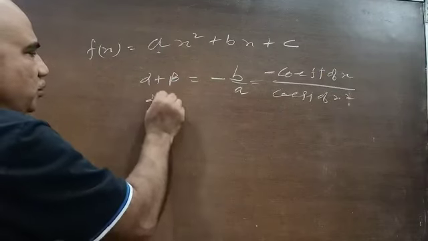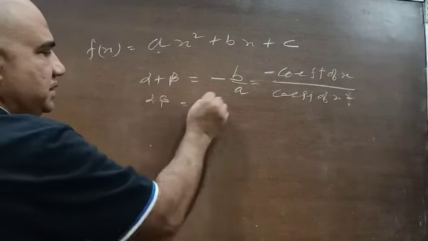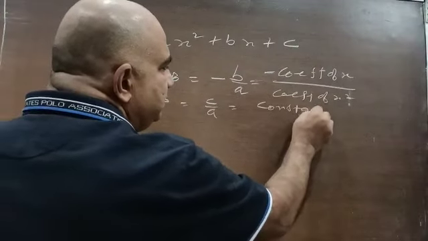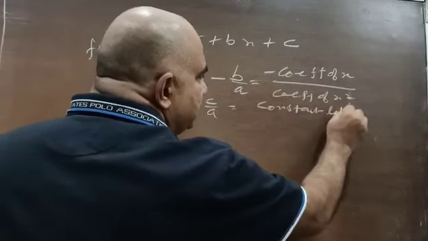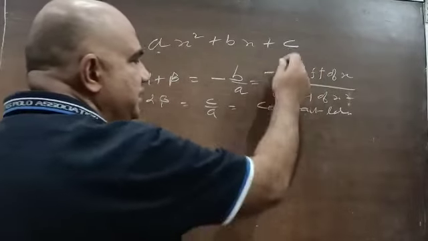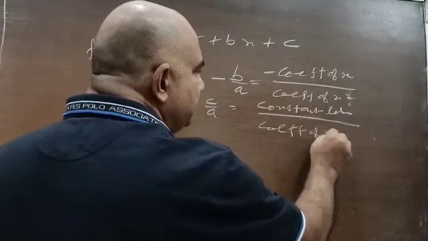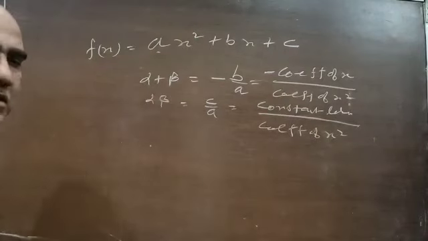And alpha into beta, the product of the zeros, was c upon a, that is the constant term, without any variable, here it is c, divided by the coefficient of x square. So this was the standard one.